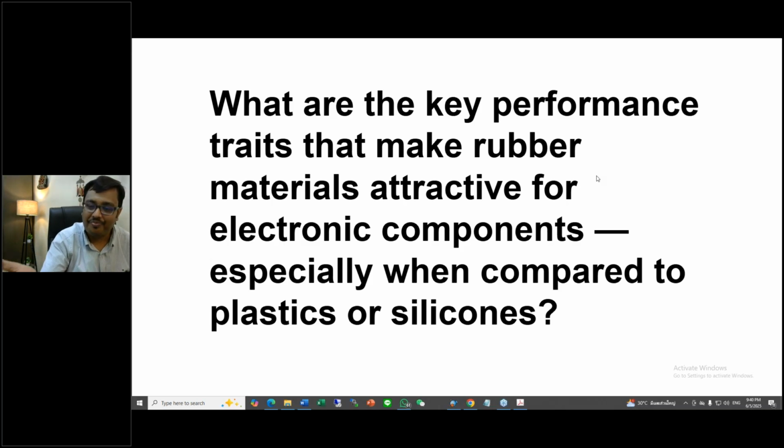If it's a semi-crystalline material, the filler prefers to sit in one of the phases, so controlling the conductivity becomes tricky. With rubber you have very good stretchability, bendability, and conformability to the skin, which is very important for any skin-sensitive application. So rubber has all those benefits.